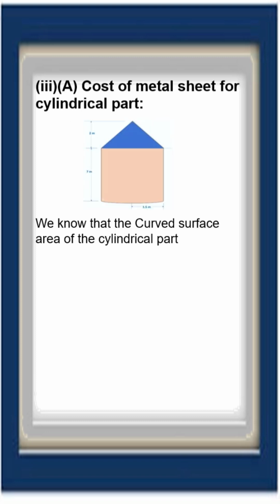Now let us solve the third question. The first choice, we have to find the cost of metal sheet for the cylindrical part. This is the cylindrical part, height of which is 7 meter, radius is 1.5 meter. We know that curved surface area of the cylindrical part is 2 pi r h.